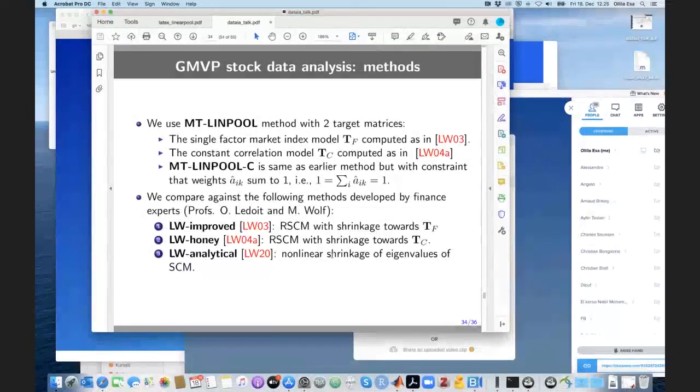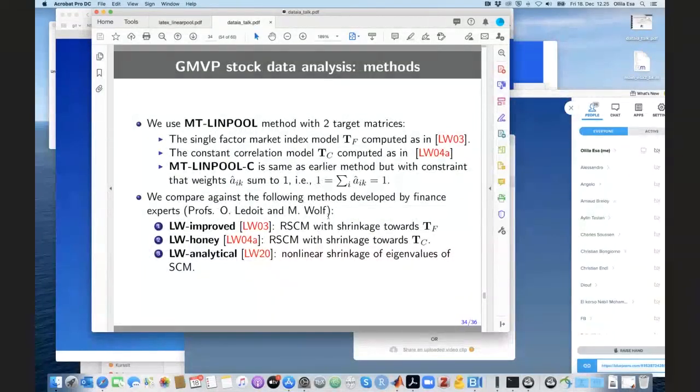Then we also look at the LINPOOL method that has a constraint. Remember that the LINPOOL estimator is a weighted sum of the sample covariance matrix and these target matrices, and we can also impose the constraint that these weights sum to 1. So we have two versions, one without this constraint and one with it.